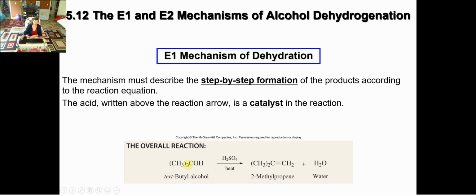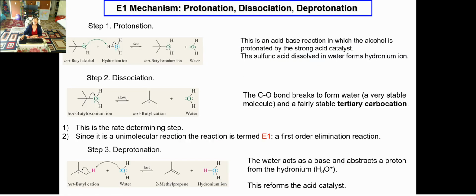So in this reaction, you have tert-butyl alcohol. Your carbon is connected to 3 different methyl groups, 3 beta carbons, they're all the same. What's going to happen during the elimination reaction? Let me say this is an E1 mechanism. You are going to involve 3 different steps. The first one is called protonation, the second one is called dissociation. Does this sound familiar to you?